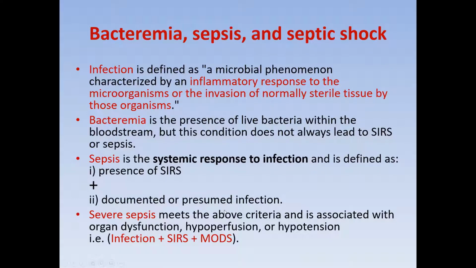Severe sepsis meets the sepsis criteria and is associated with organ dysfunction, hypoperfusion, or hypotension. Tissue hypoperfusion and usually hypotension occur due to the vasodilatation in these patients and the inability of the heart to exert enough pressure to perfuse the tissue sufficiently. So it is infection plus SIRS plus MODS. This is considered severe sepsis.